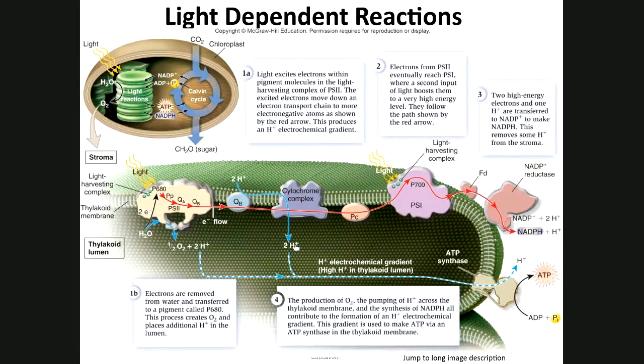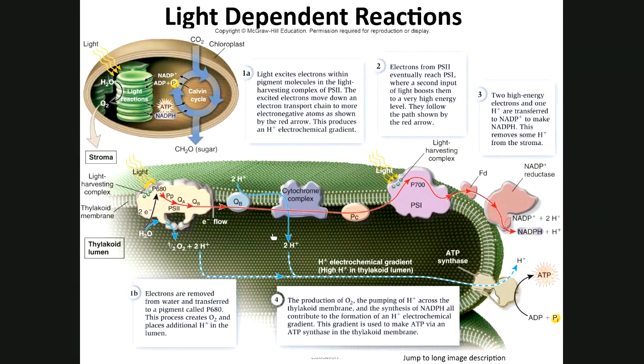So now, as I said, we're getting more and more hydrogen ions. Number one, we get hydrogen ions because we're pumping them from the stroma into the lumen. So we get more hydrogen ions in the lumen. We're also getting some hydrogen ions by splitting the water here. So we get more and more hydrogen ions inside the lumen.